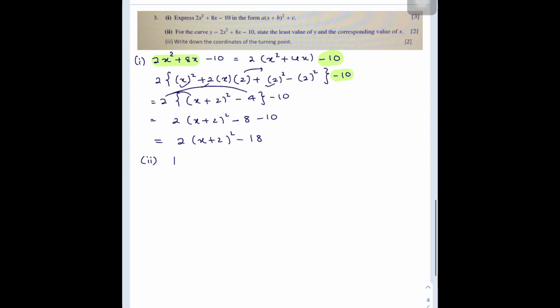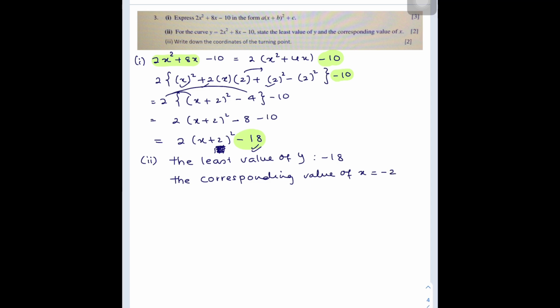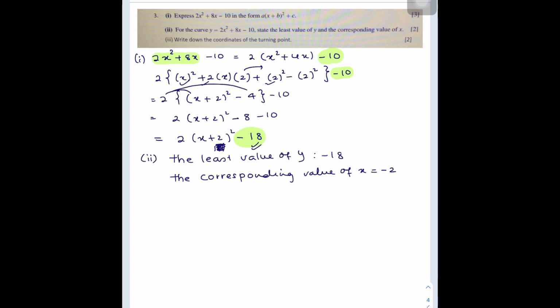Part 2, the least value of y is -18, remember that's x and that's y, and the corresponding value of x is, but remember I said last video, positive is negative and negative is positive. So x is -2.